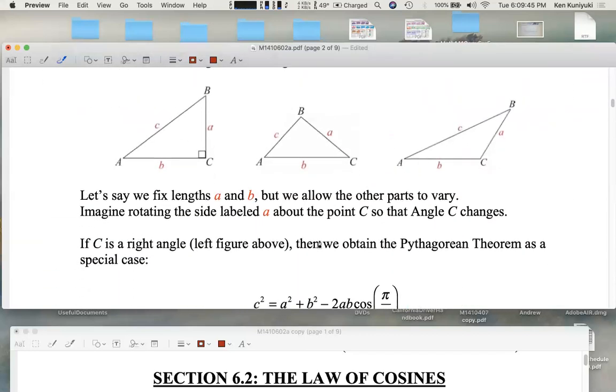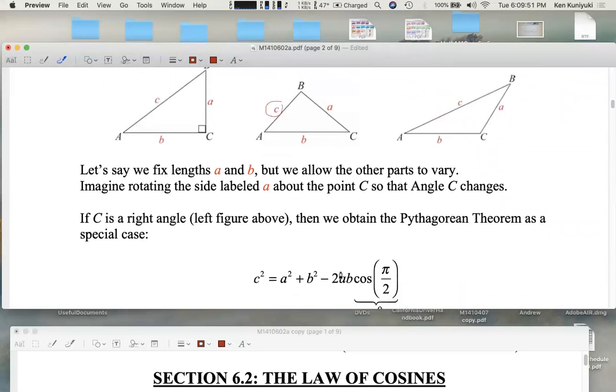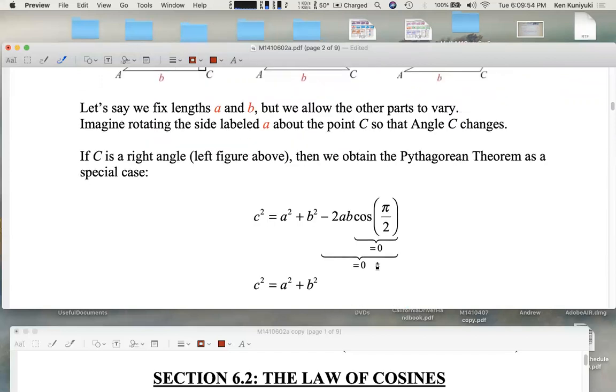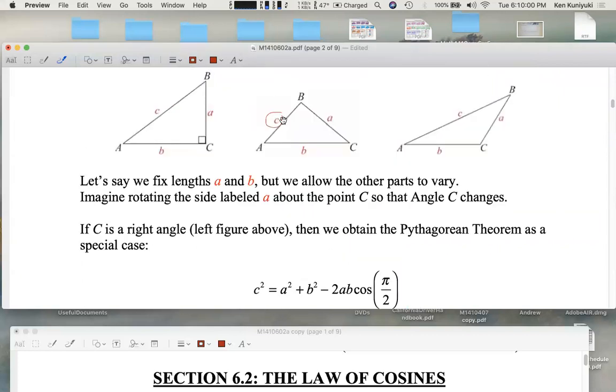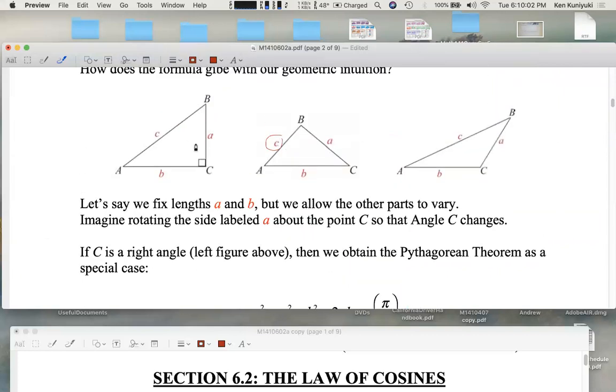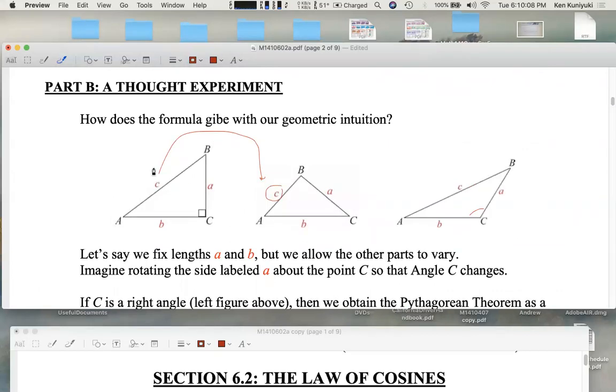So basically, if C goes from a right angle and shrinks down to an acute angle, little c will be smaller. And you can see that in the formula. If the angle is acute, then you're subtracting a positive value, and then C squared, and therefore C, will shrink as we go from here to here. But if the right angle expands to an obtuse angle, then the hypotenuse gets longer. The hypotenuse becomes a longer side.